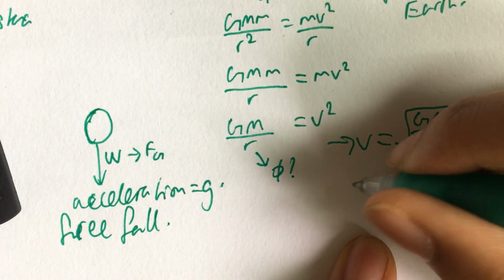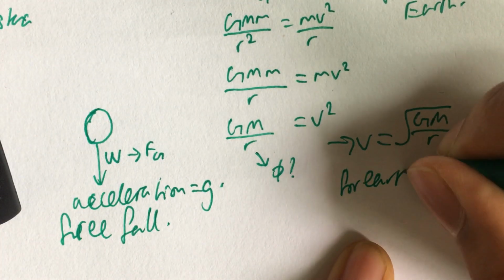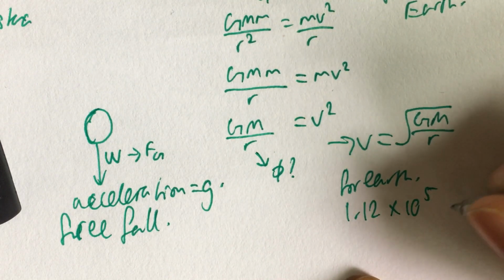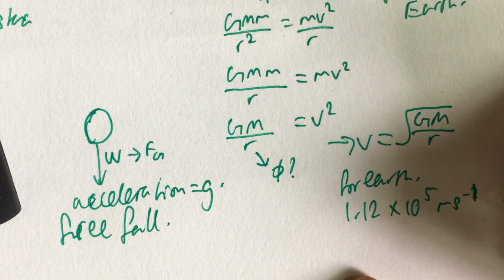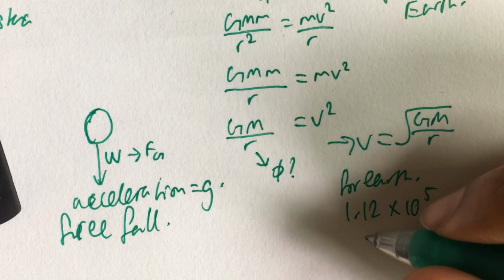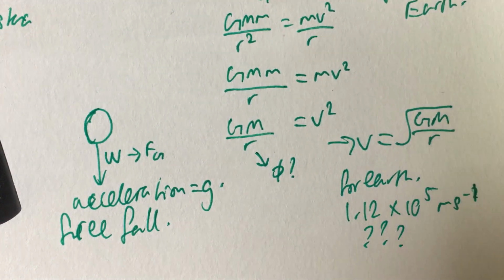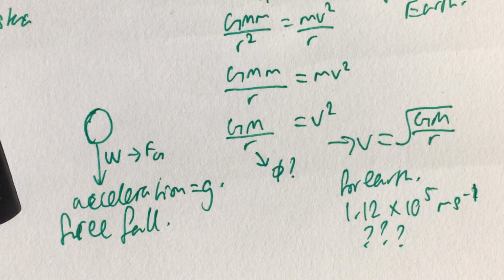I'm not sure. Actually I don't remember the exact power of it, but it's about 1.12 times 10 to the power 5 or something. Just find it yourself. It's very easy to calculate. It's not important right now. You might also have to answer this in the question, so just use this to find the speed that it would take to escape the atmosphere.